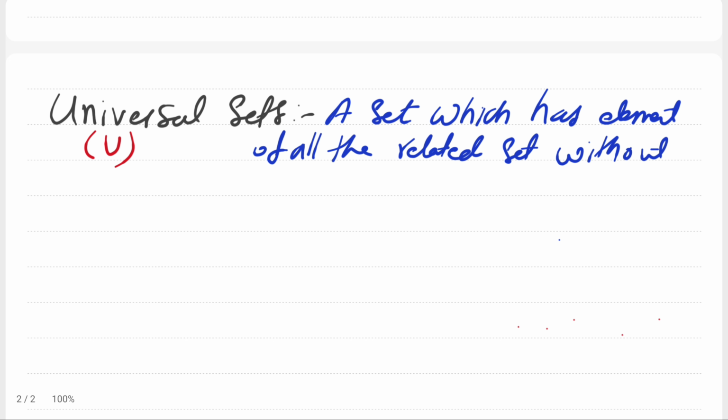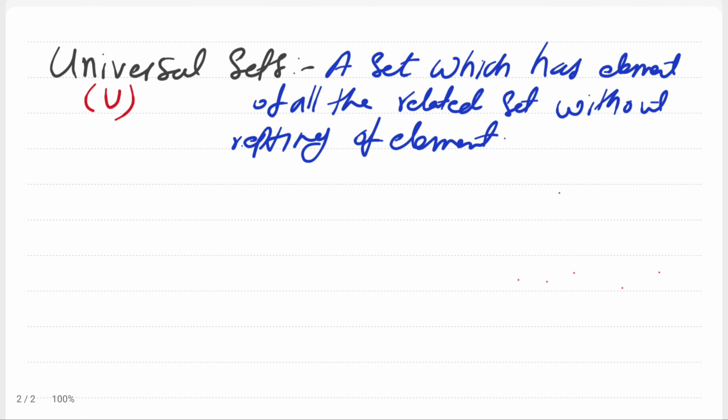Okay, without repeating, or you can say without repetition of elements. Actually my handwriting is somewhat bad. Do you understand? In the universal set we write all the elements of the sets without repeating them.